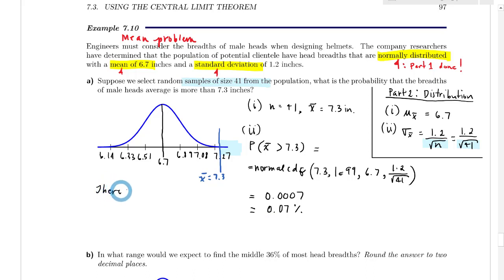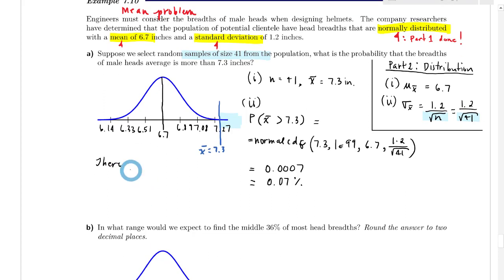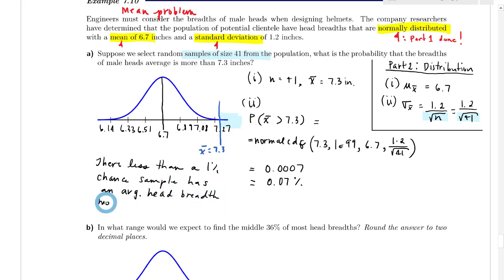So we would say that there is less than a 1% chance a sample has an average head breadth more than 7.3 inches.